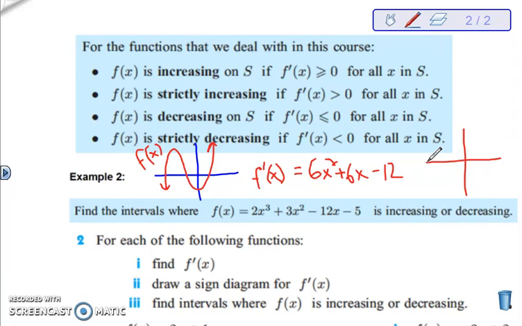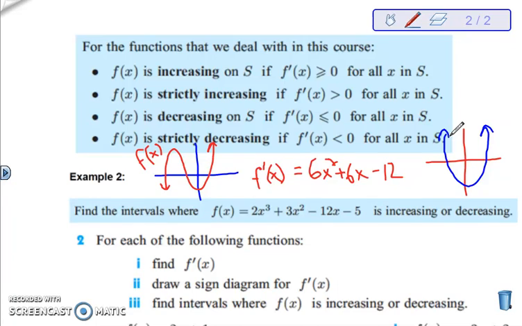So let's say I graph this guy instead. If I do that, I get this little parabola. So remember we said wherever f prime is positive, f is increasing. Wherever f prime is negative, f is decreasing.